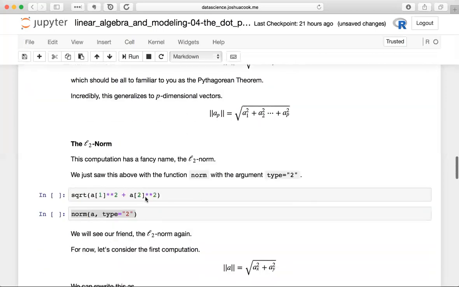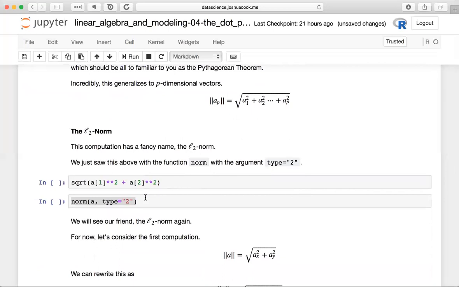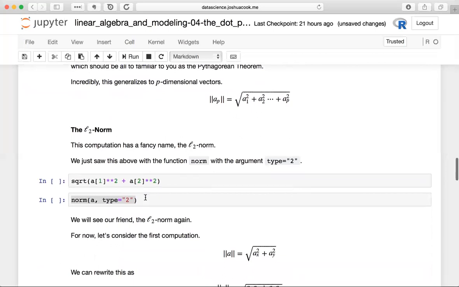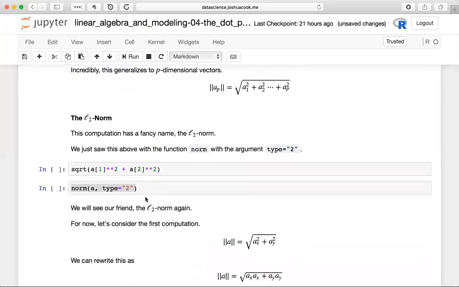Now, we have a fancy name for this. Remember, we used the norm function in R, and this is because this computation, this square root of the sum of the components squared, is called the L2 norm. And I'm using this fancy name because we will see the L2 norm again as we continue our journey into data science. We'll see this name again.